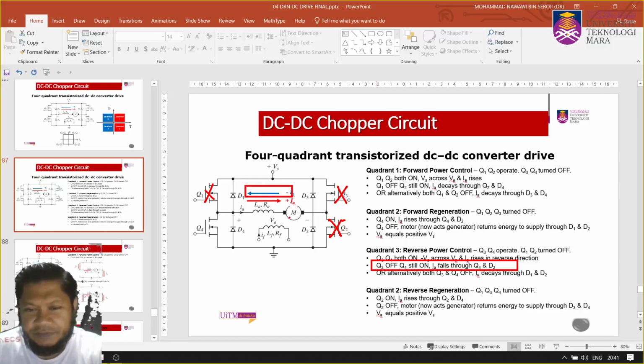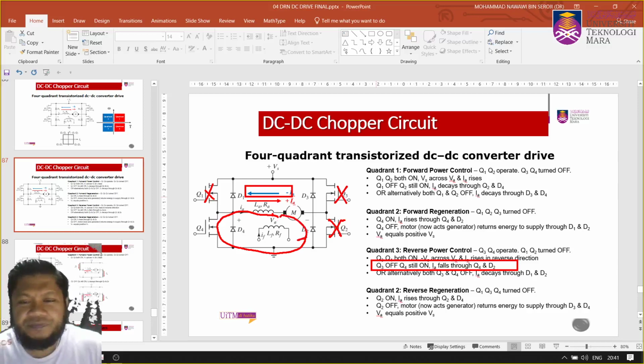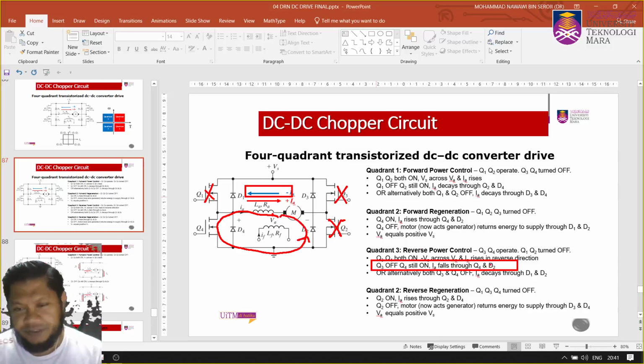It will flow through Q4 and D2. So current will flow through Q4 and D2, and look at that, IA flows through Q4 and D2 here.